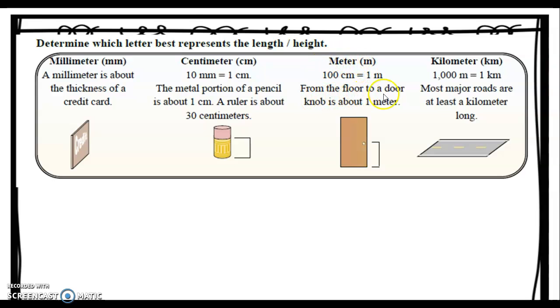From the floor to a doorknob is about 1 meter. So think about the height of your door knob from the floor. That's about 1 meter. And a kilometer, most major roads are at least 1 kilometer long, or many kilometers.